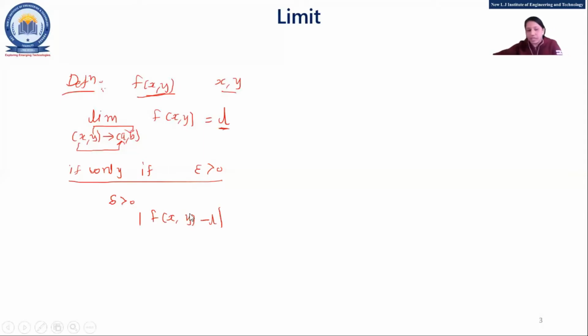I'll show it with the graph also, because the definition is difficult to understand. This holds for all the points xy where x minus a is less than delta, and the second point is y, related to that is b, so y minus b is less than delta, right?